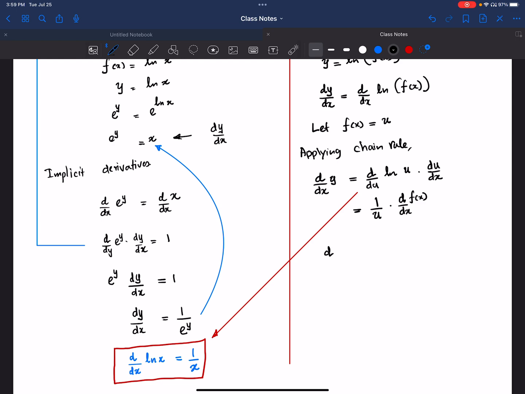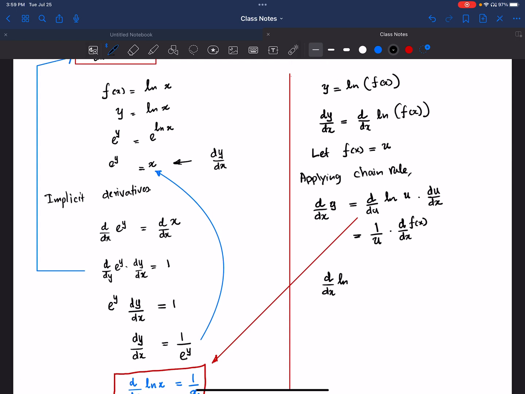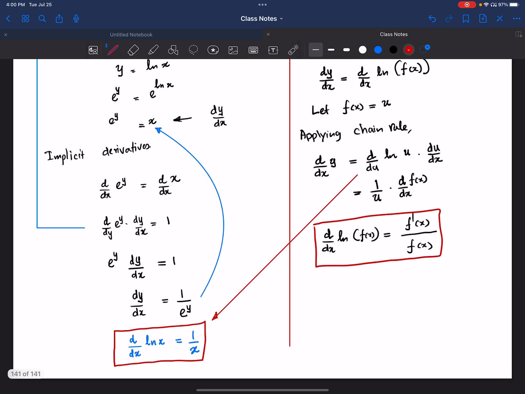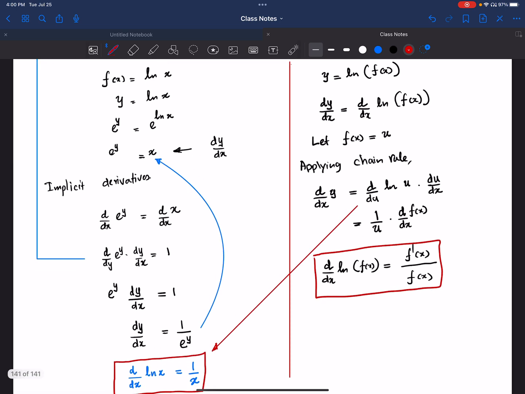So that means d over dx of y, which is natural log of f of x, is equal to 1 over f of x times f prime of x. So you can obtain this relation as well. These are sometimes useful when you're working with problems.